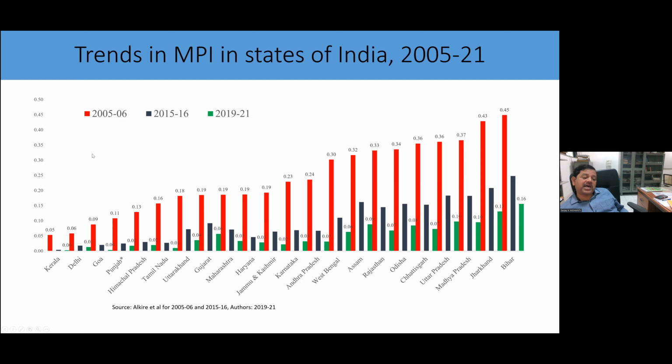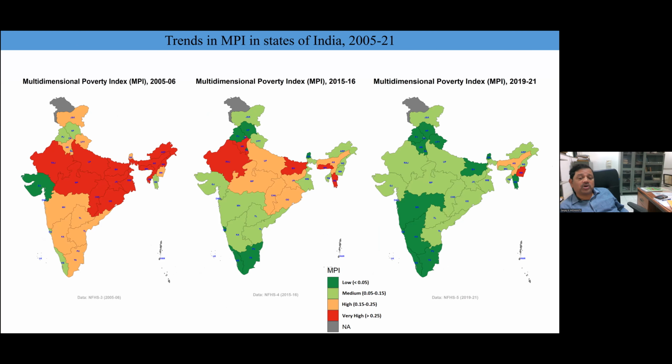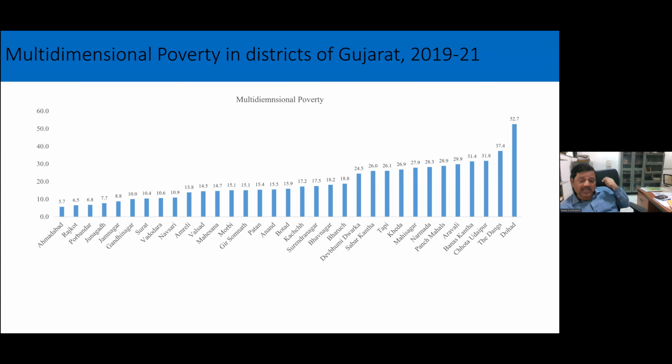This is how we look at the multidimensional poverty index, which we often use. Low values, the greenery, are in the southern states, less than 0.05, and the next is the medium range, where most of the states are now. So in a nutshell, there has been a substantial decline.